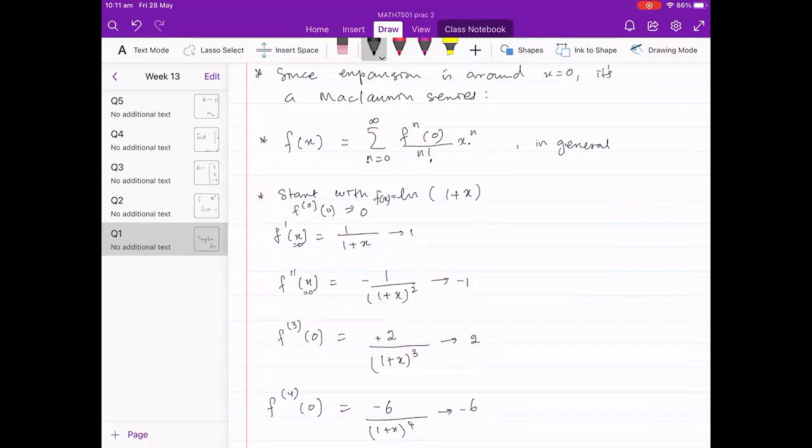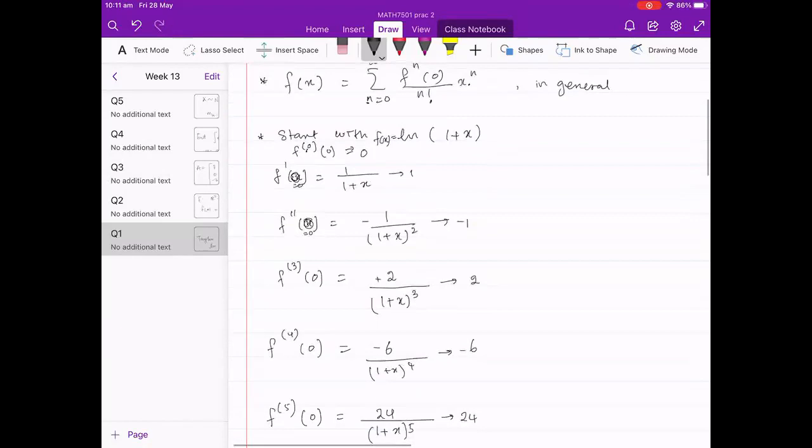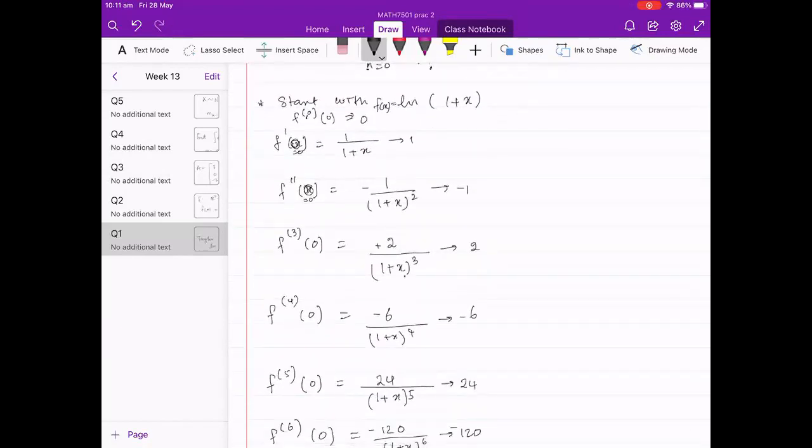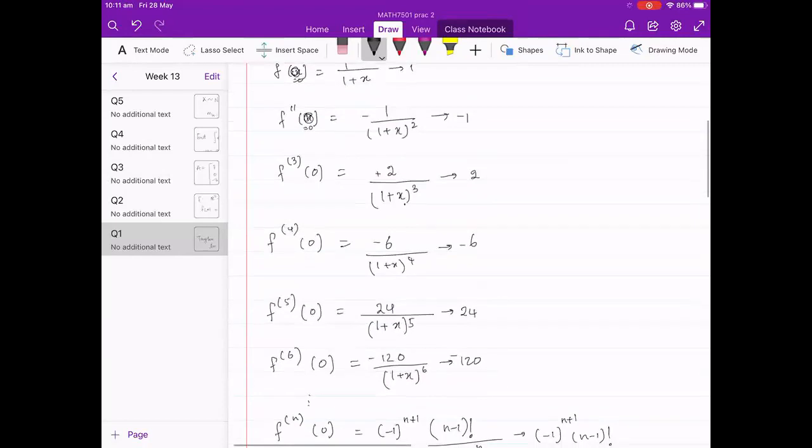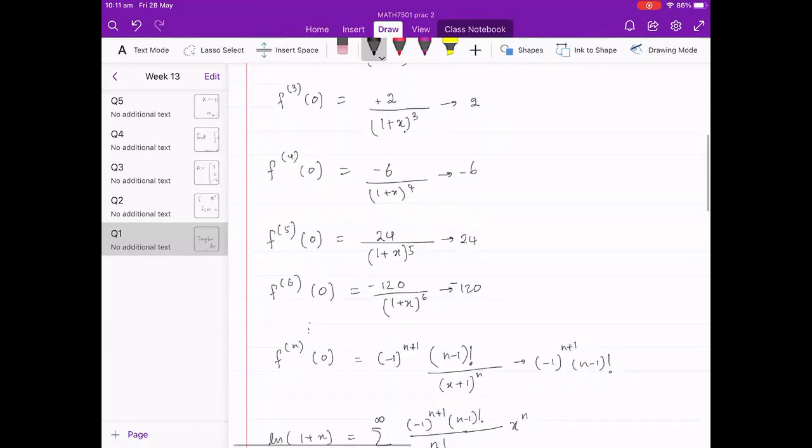That's in general. So we could start with, let's say, a simpler function ln of 1 plus x. When n is 0, that is f of 0, which is 0. The first derivative is 1 over 1 plus x, and evaluated at x equals 0, which is 1. And second derivative is minus 1 over 1 plus x squared, evaluated at x equals 0, which is minus 1. And it goes on like this. After computation of the sixth derivative, I got it as minus 120.